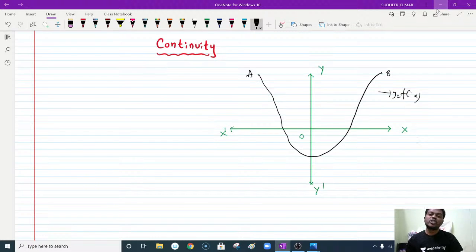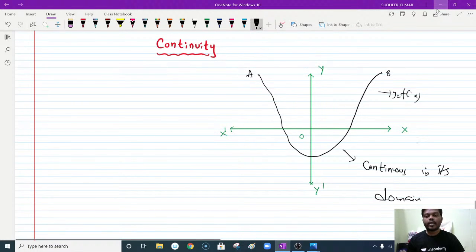So then this function is said to be continuous in its domain. This function is said to be continuous in its domain.